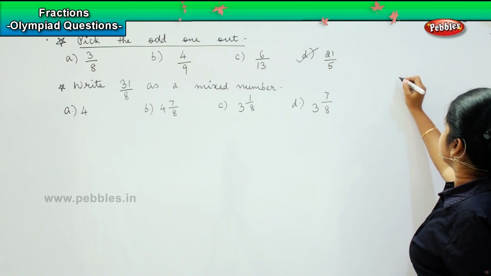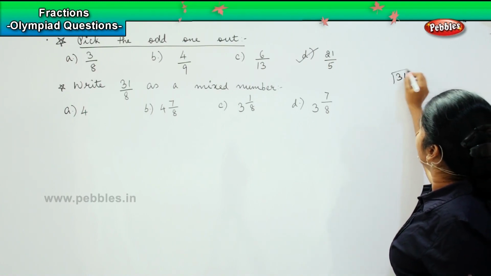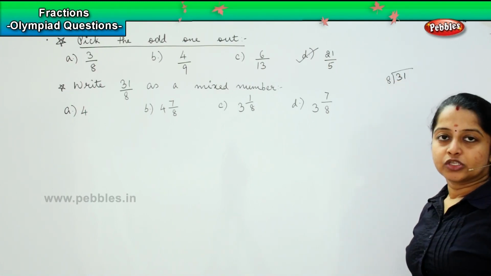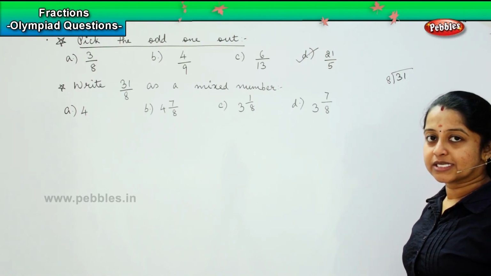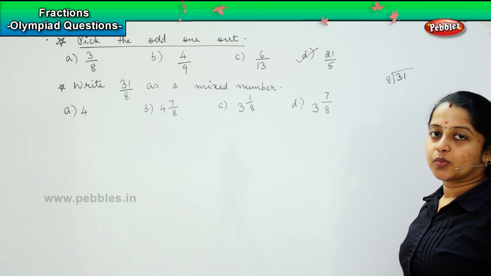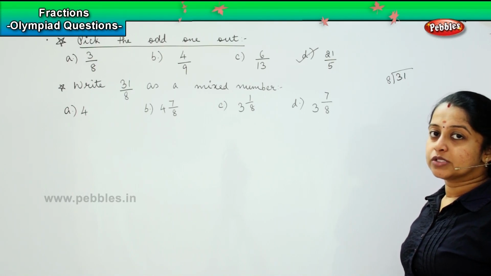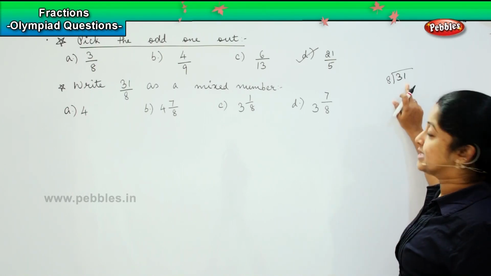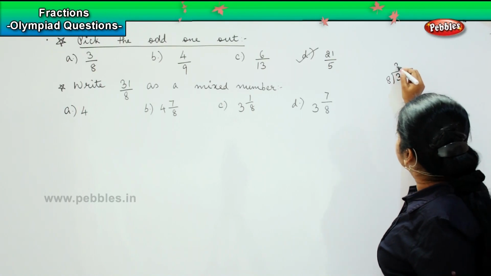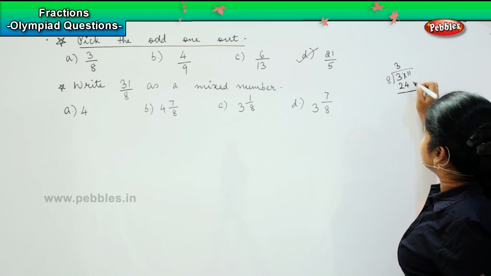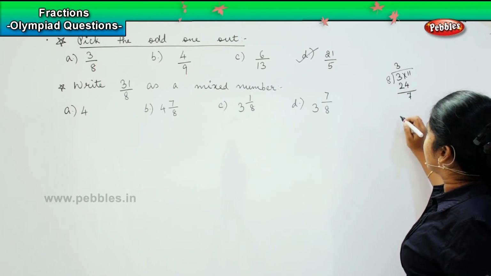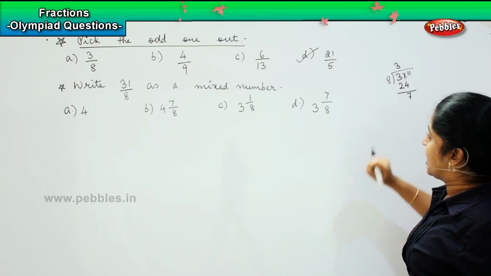So let us see here, 31 divided by 8. Shall we say the table of 8? 8 ones are 8, 8 twos are 16, 8 threes are 24, 8 fours are 32, but here it is 31, right? So it will be divisible 3 times, 24, 31 minus 24 is 7. So my answer should be 3 7 by 8.